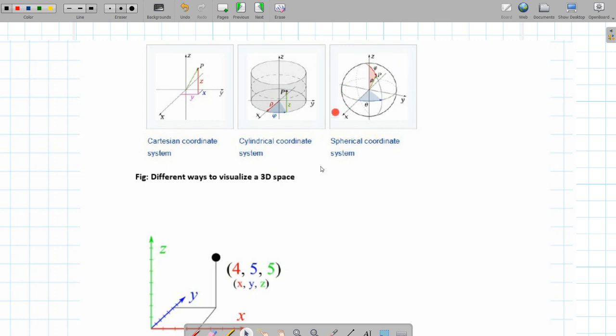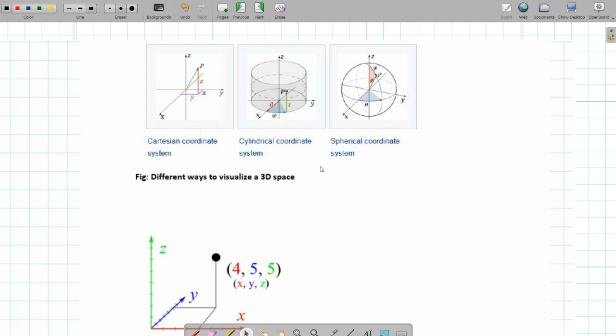Under this spherical coordinate system, the assumption is that as if you are sitting inside a sphere, and with respect to the center of the sphere, you are looking at different directions. So this was about different coordinate system representations of the three-dimensional space. If you want to know more about the other representations which we are not going to use in computer graphics, say cylindrical coordinate system or spherical coordinate system, you can surely dig internet and find more about them.